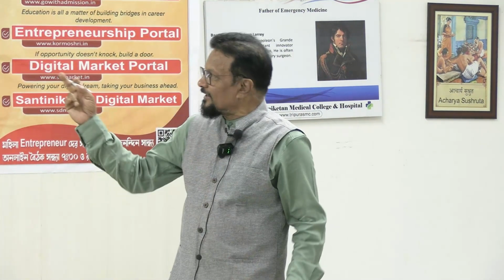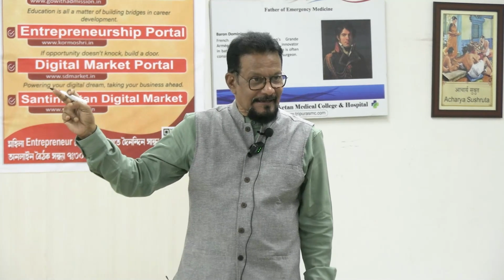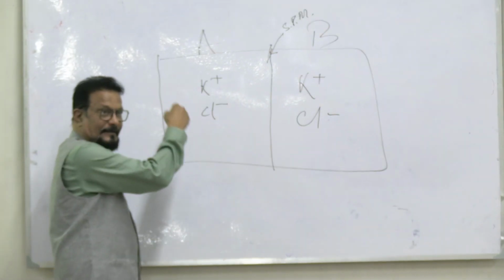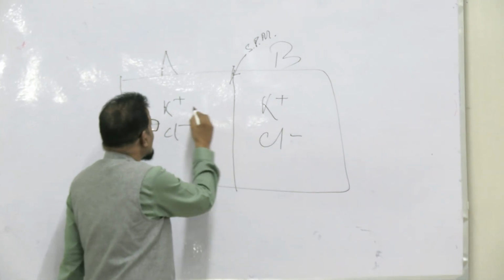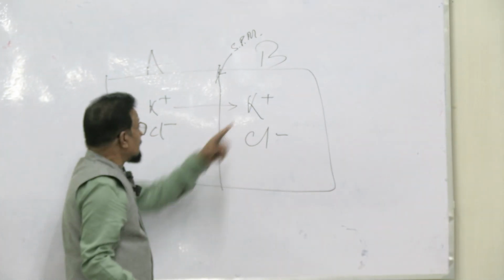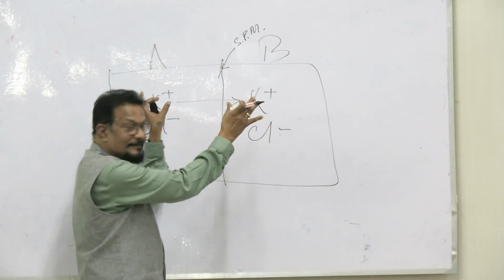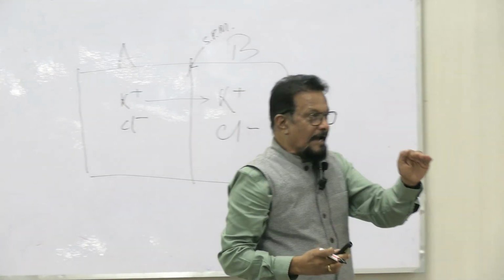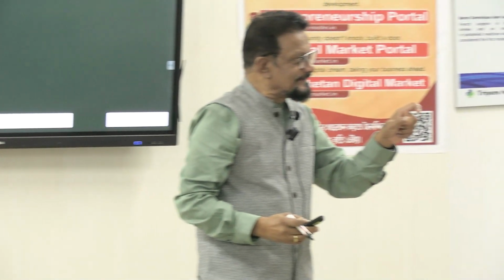If the concentration of potassium ion is higher in A and lower here, there is a concentration gradient. So potassium ion will move from higher to lower because of the concentration gradient.